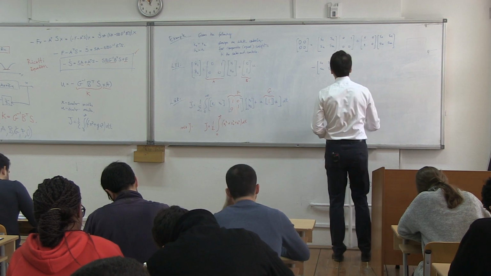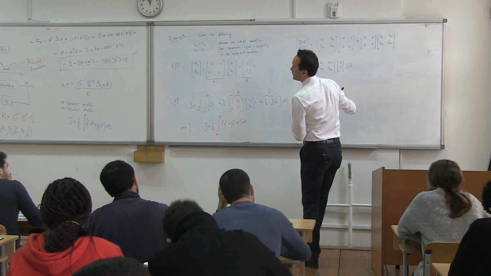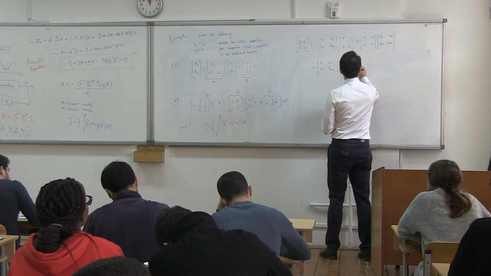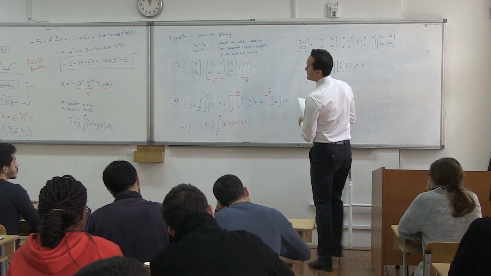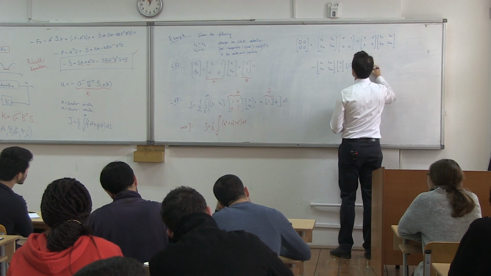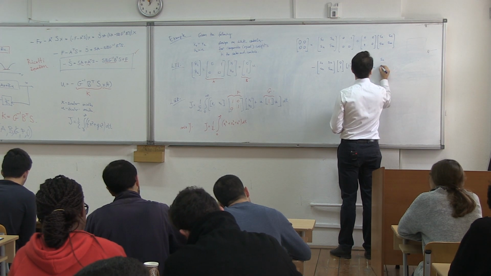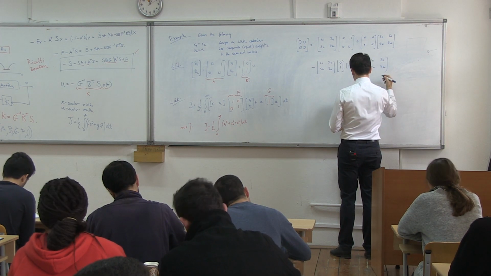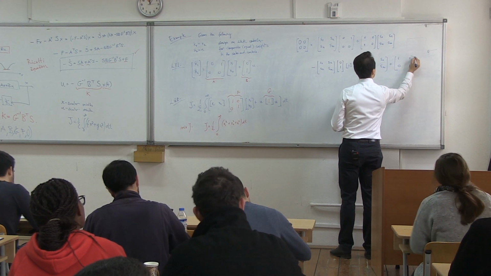G is 1, so minus 1 is again 1. And then B transpose, so 0, 1, and then S, plus 1, 0, 0, 1.